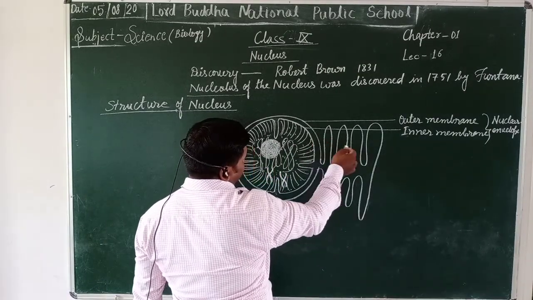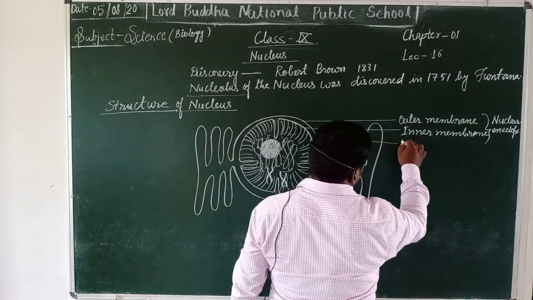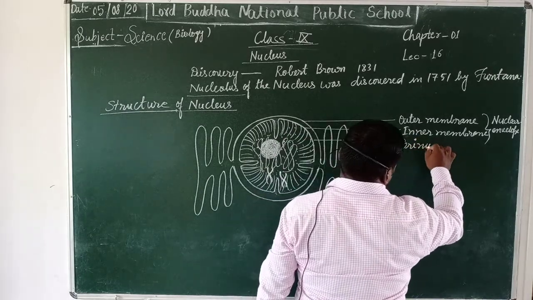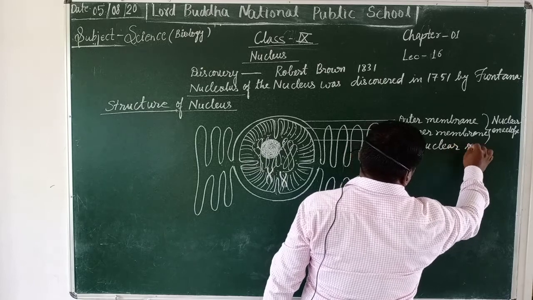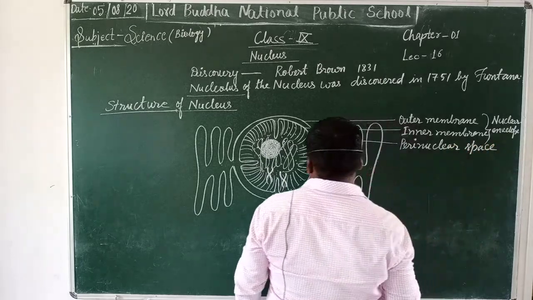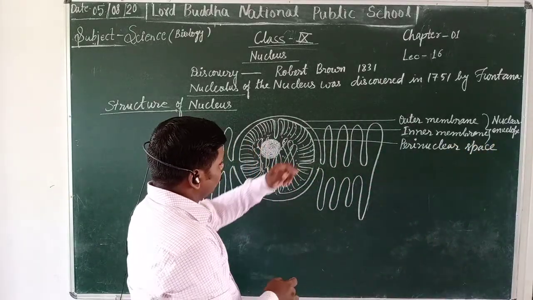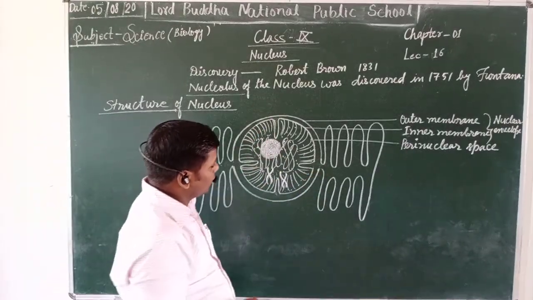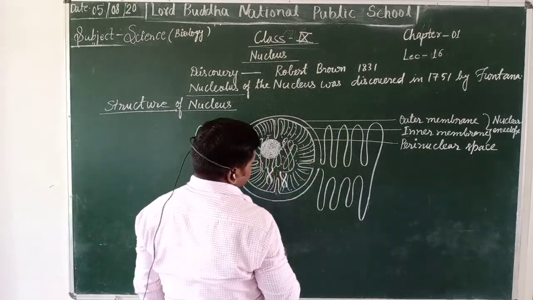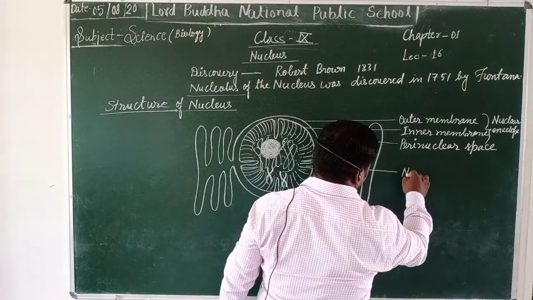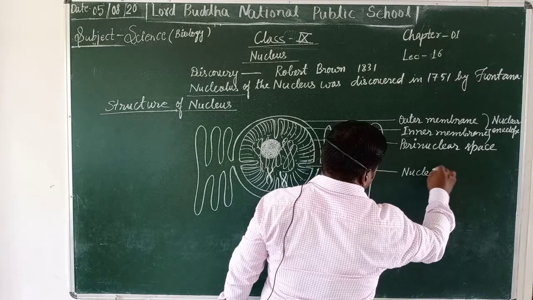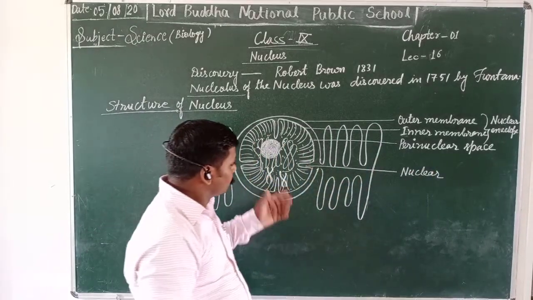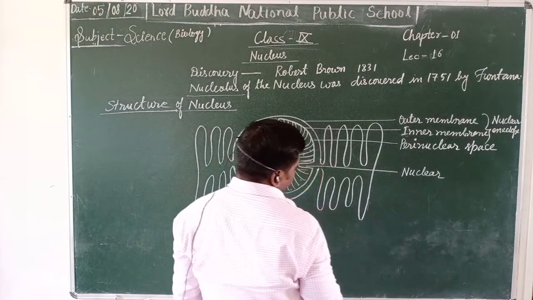In between both membranes, the space present is called the perinuclear space. There are many pores present in the outer and inner layer of the nucleus that are called nuclear pores. They help in the passage of substances from the cytoplasm to the nucleoplasm.